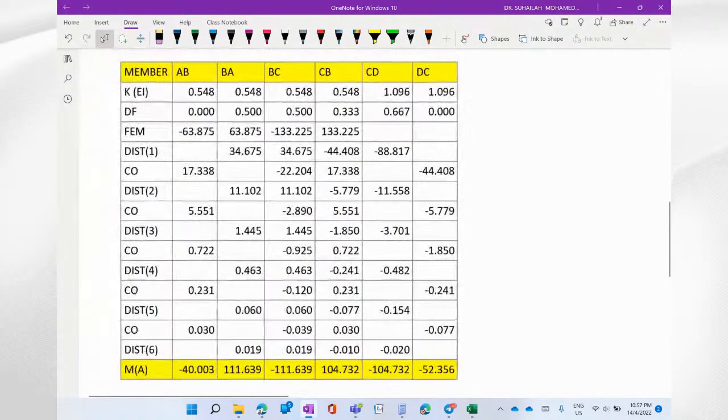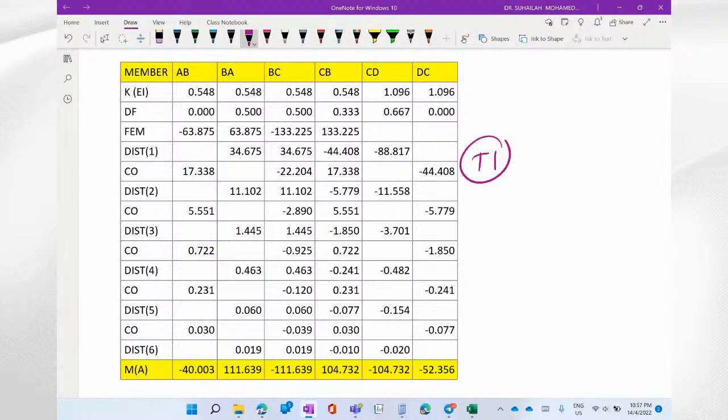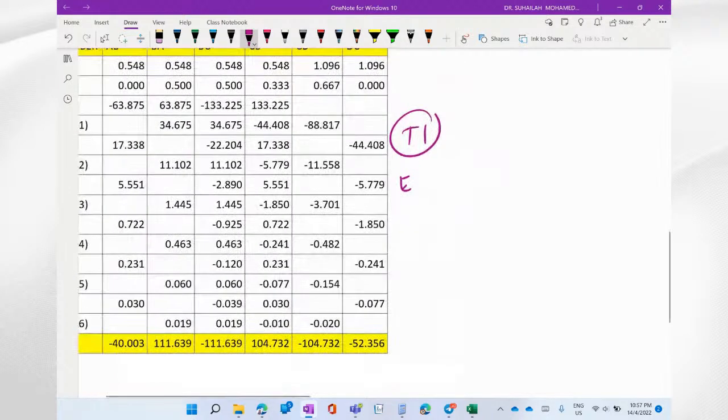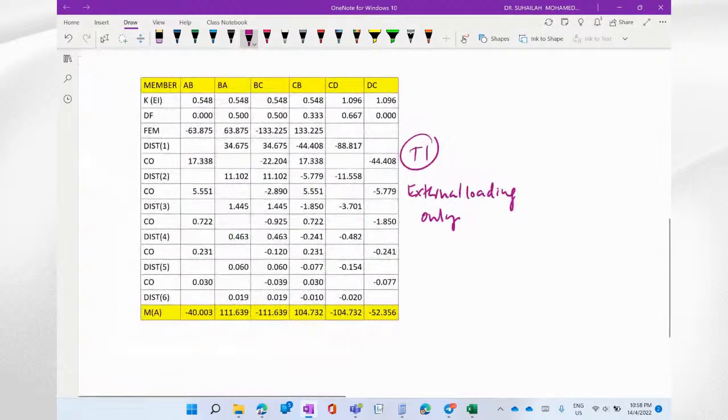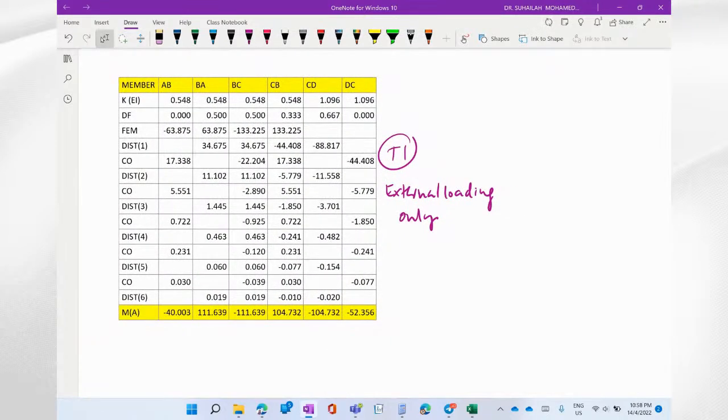So this is table number 1. Now we want to move to table number 2. Table number 1 is due to external loading only.